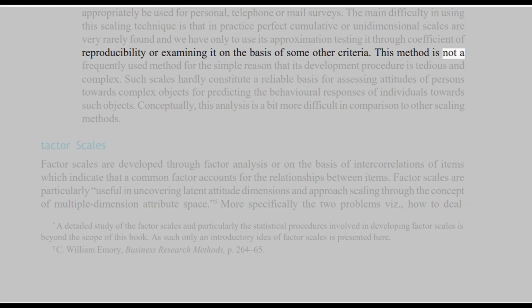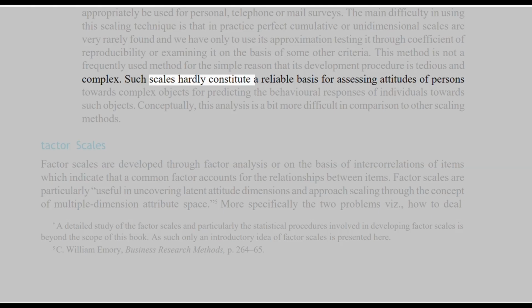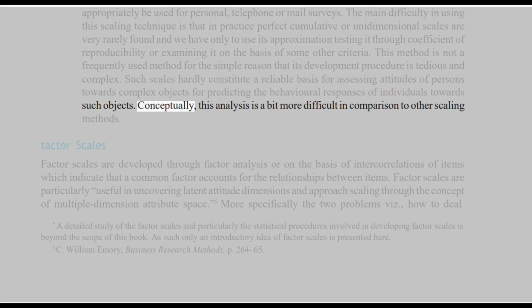This method is not frequently used for the simple reason that its development procedure is tedious and complex. Such scales hardly constitute a reliable basis for assessing attitudes of persons towards complex objects, or for predicting the behavioral responses of individuals towards such objects. Conceptually, this analysis is a bit more difficult in comparison to other scaling methods.